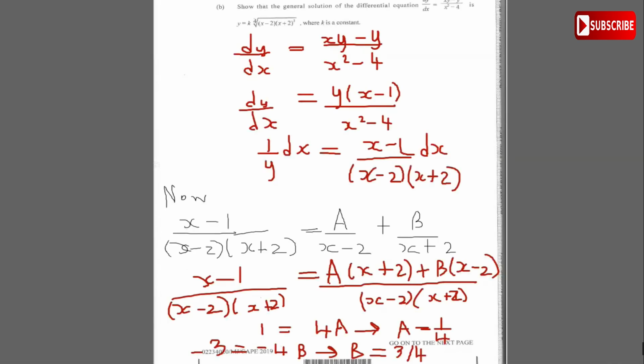So now what we're going to get is, continuing from right here, let me block it off. This is not necessarily part of the solution. This is just workings.